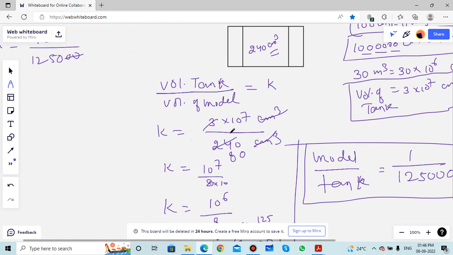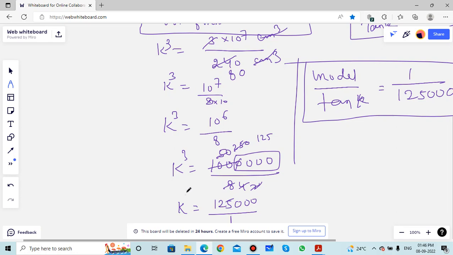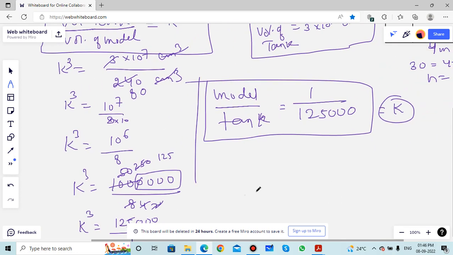I'll tell you. We have taken the volume of this, right? So volume of tank upon the volume of model will give you k cube, not k. So this is why it was wrong here. Okay, so it's k cube here. K factor is for only length, this is a volume. So we can say k cube, so k is equal to cube root of 1 upon 125,000.